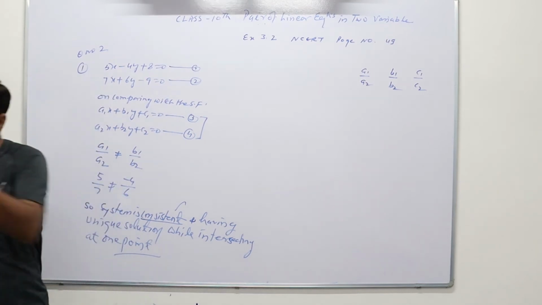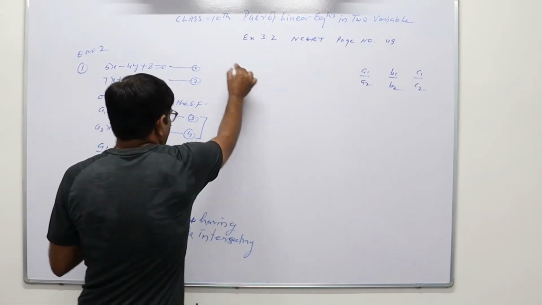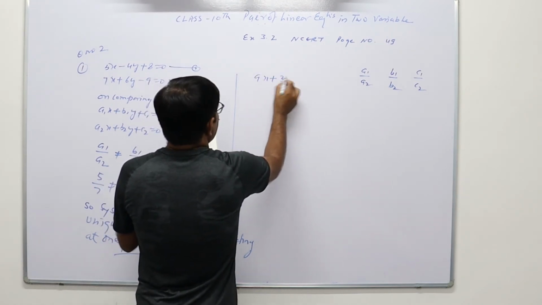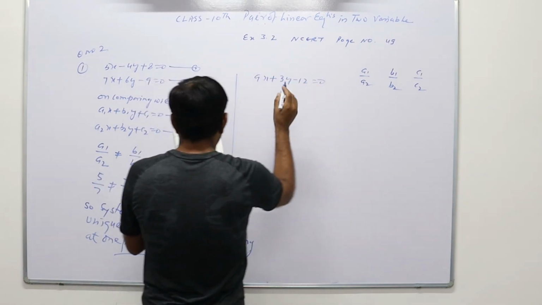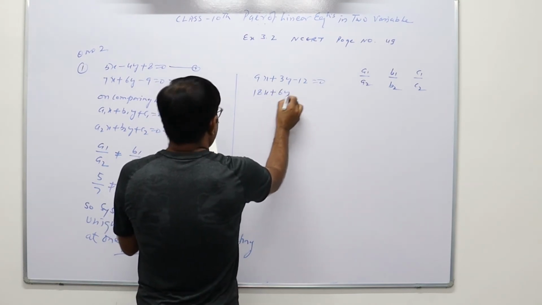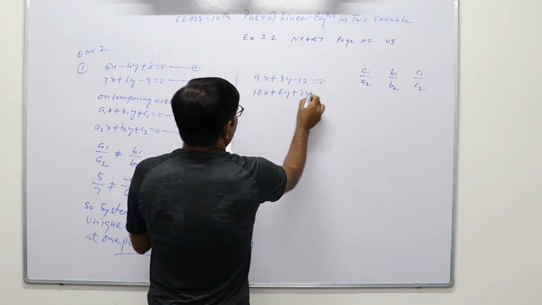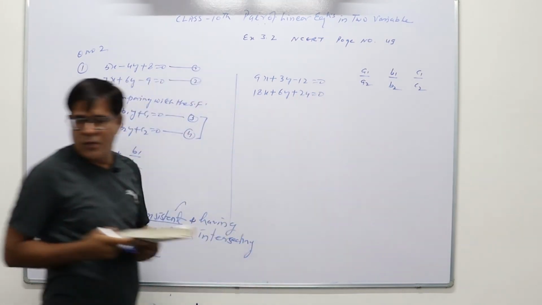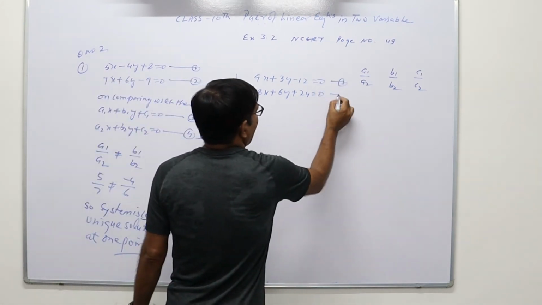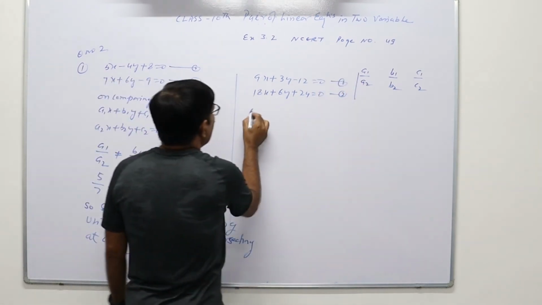Now let us take the second question. The system is given: 9x plus 3y minus 12 is equals to 0, and second 18x plus 6y plus 24 is equals to 0. So on comparing with the standard form, let us put this as equation number first, and this is equation number second.